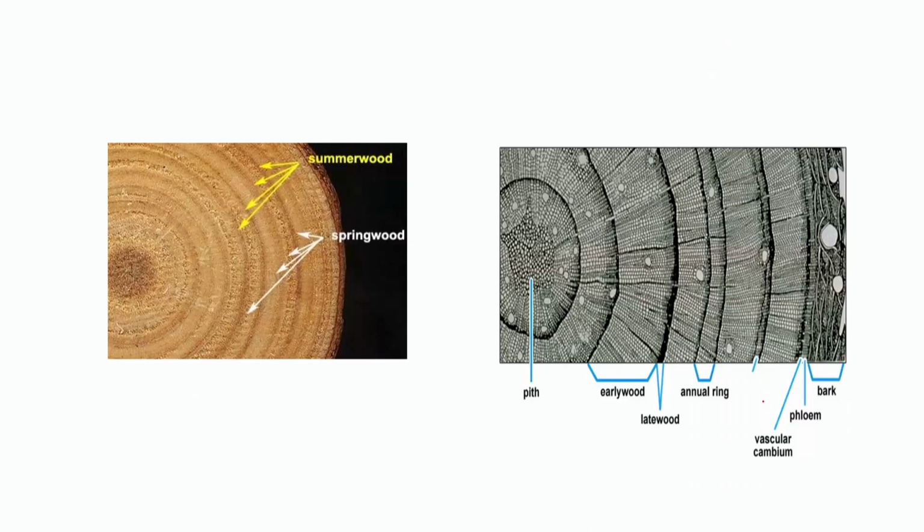Now these figures also tell you the difference between the spring wood and the summer or autumn wood. Here also you can see a large patch of early wood or spring wood and a small patch of late wood or autumn wood. Here you can see the vascular cambium, and such a large patch is occupied by the secondary xylem.